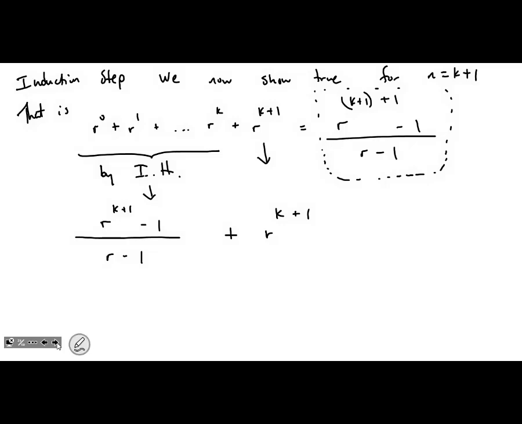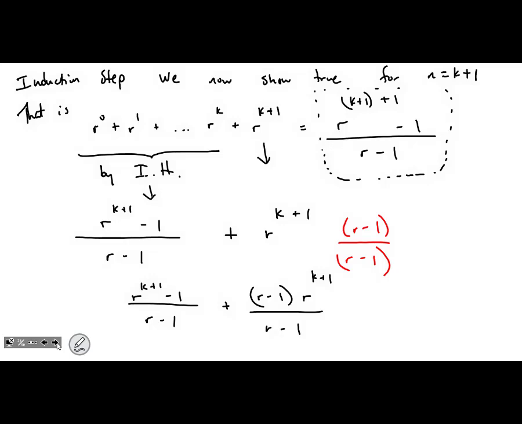So what I'm going to do next is multiply top and bottom over here by r minus 1. The goal is I want to try to add these fractions together. So this r to the k plus 1 minus 1 over r minus 1 plus, if I multiply top and bottom of this last term by r minus 1, then I will have r minus 1 times r to the k plus 1 over r minus 1. Now remember, in order to add fractions, I just copy down the common denominator, and I do have a common denominator, which is r minus 1.